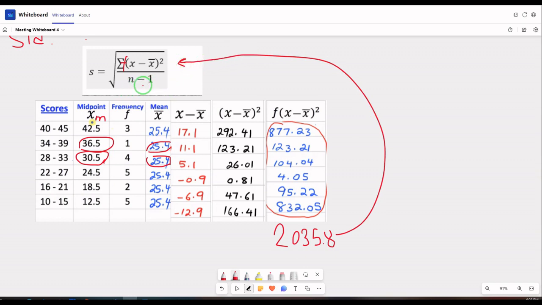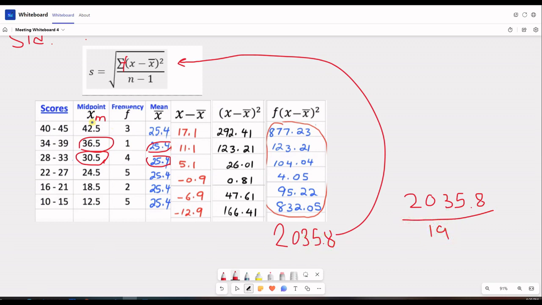Remember guys, your n was how much? It was your total frequency, and your total frequency was 20. So now your n minus 1 would be 19. So if you divide 2035.8 by 19, then you will find your variance, which is, let me write it down here, 2035.8 divided by 19 would be your variance.